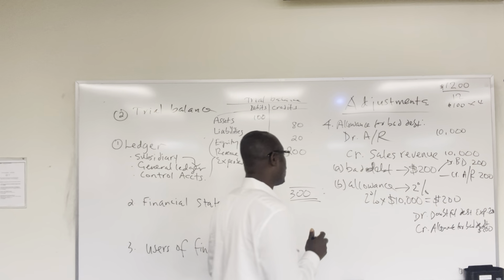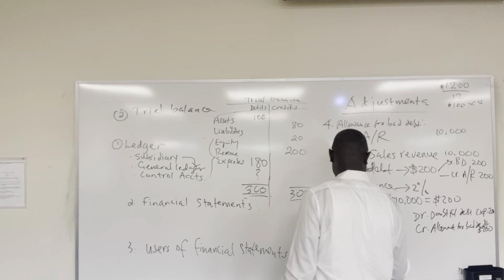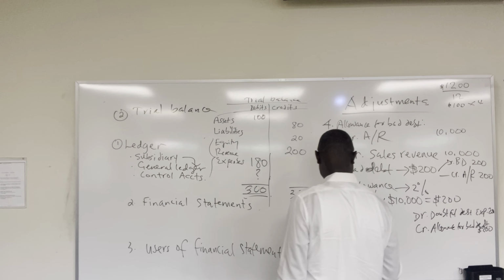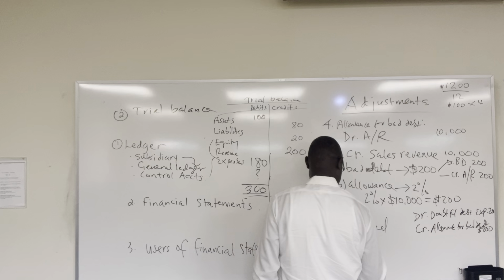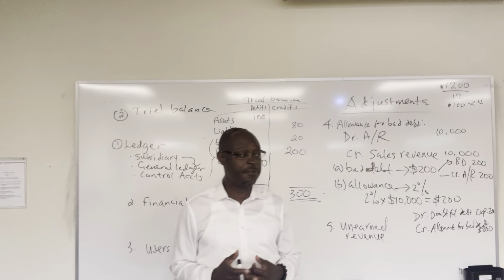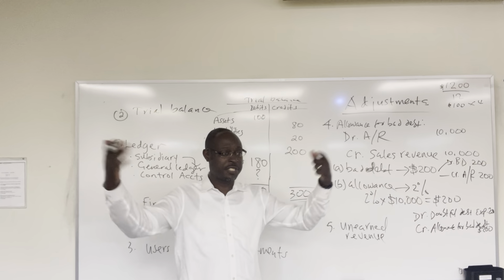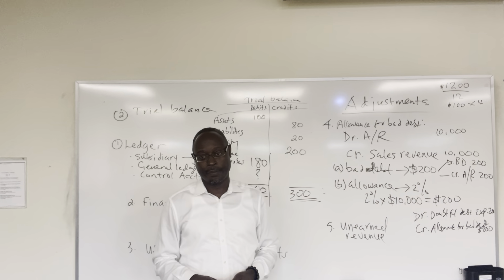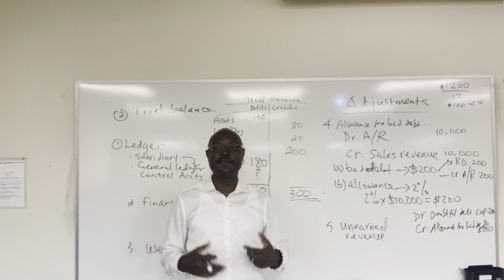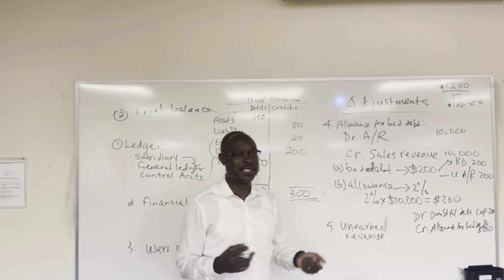The last thing I want to tell you about adjustments is the concept of unearned revenue. This is money that you have received, but you haven't done anything to deserve it yet. You are yet to do stuff in the future for it. So you have not earned it, and we call it unearned revenue or deferred revenue liability. Think about it from the perspective of the insurance company.